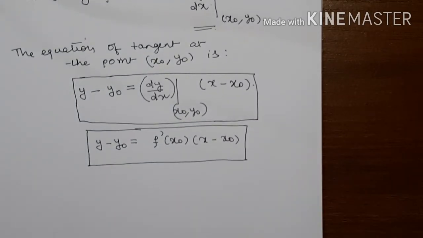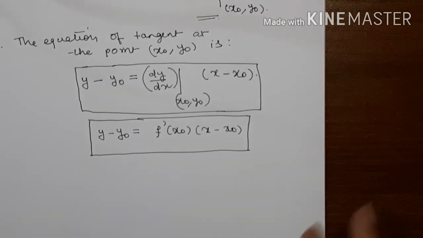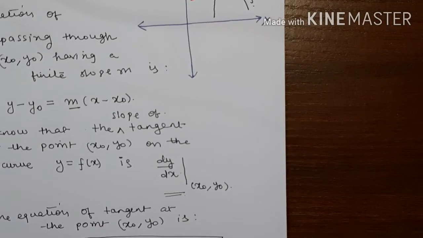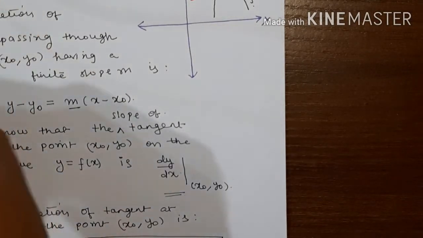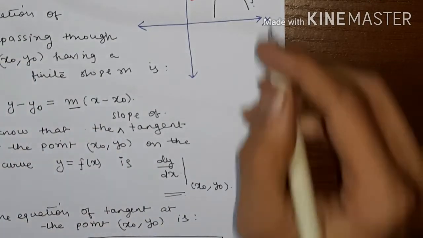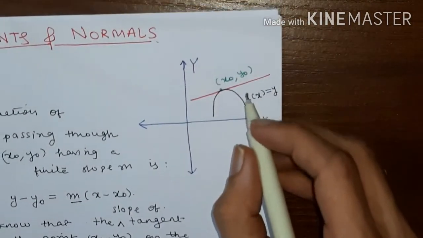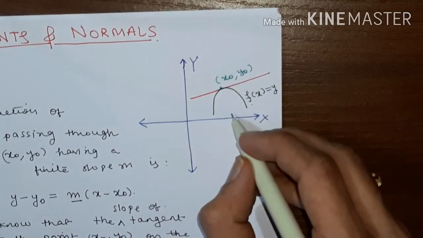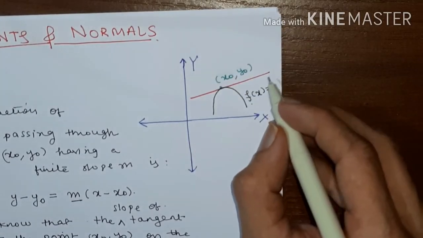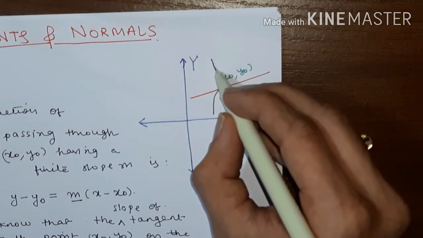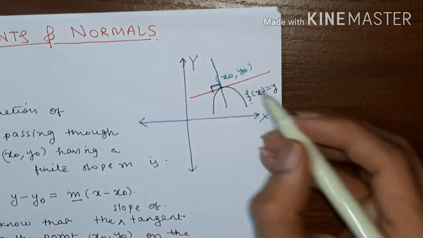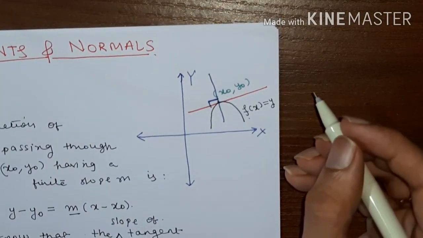Now we also have to find the equation of something called the normal. So what is a normal? Let us see. A normal is simply a line which is perpendicular to this tangent. So it is like this, perpendicular.